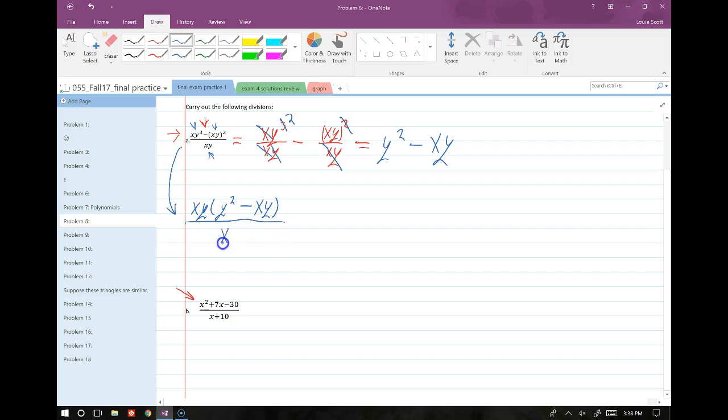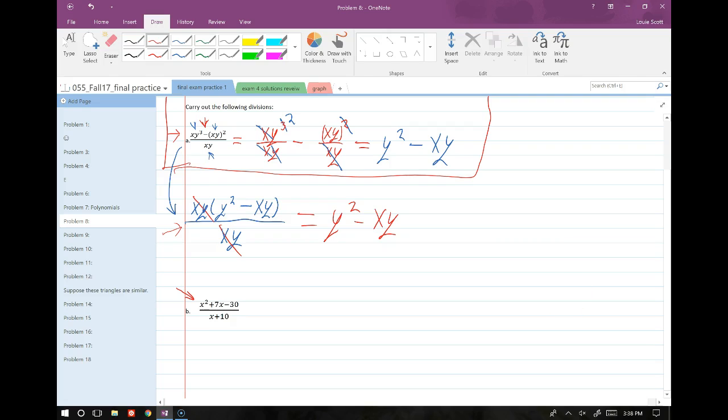And then on the bottom, we would have xy still. So those would cancel. And once again, we'd get y squared minus xy, which is the same as we got up there. Okay, but if you're going to study a method, this top method is the one to study, because this will work every time. This one down here only works if it's a nice problem.